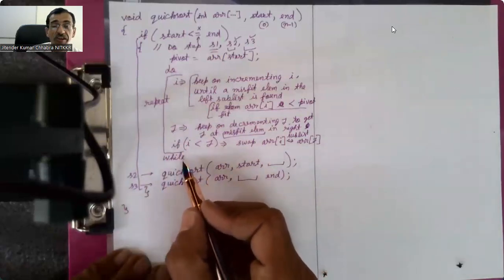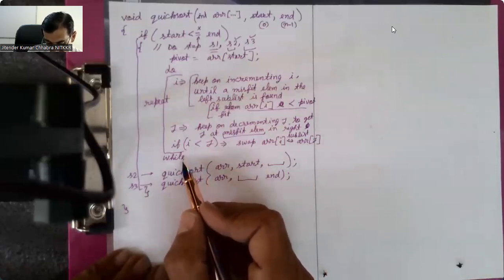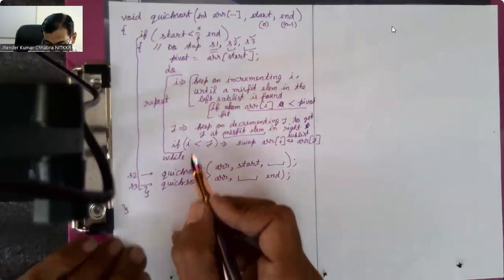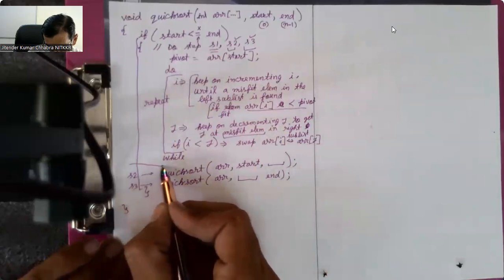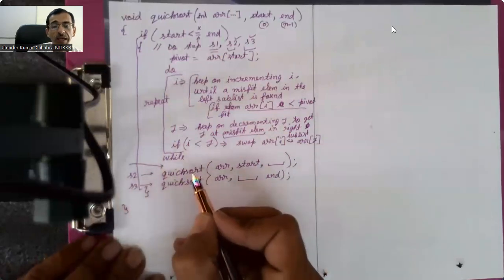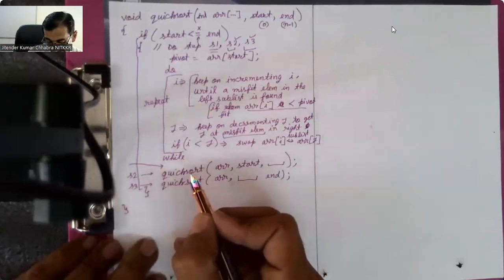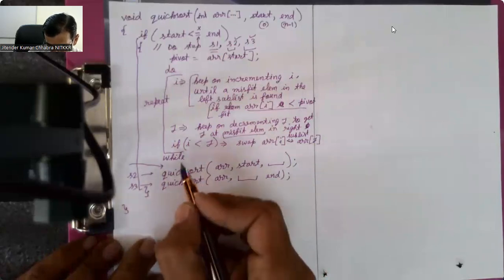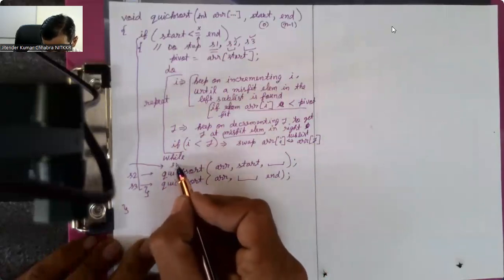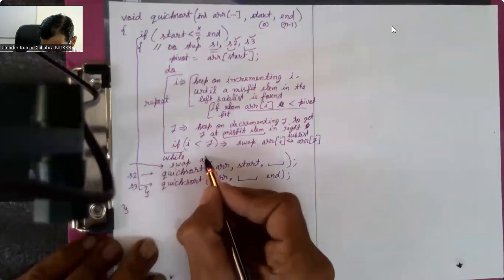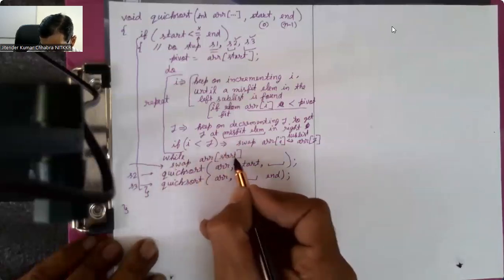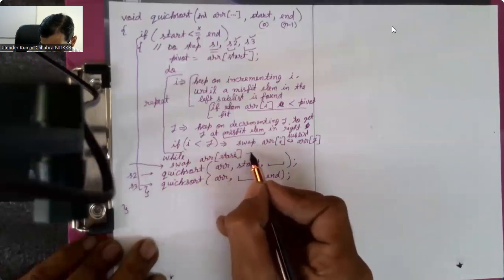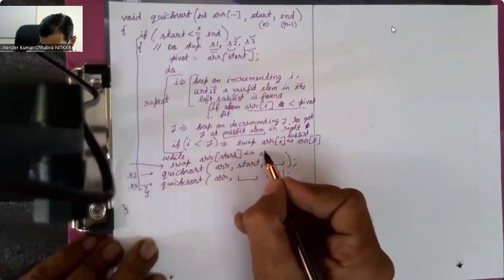You could think of having a while also, but probably do while gives a clearer picture. Why? Because I have to ensure every time I come out of the loop, my J is at least at its correct position where I can swap the pivot element's position, which was array start. And we have already said that we have to swap this value with array J.